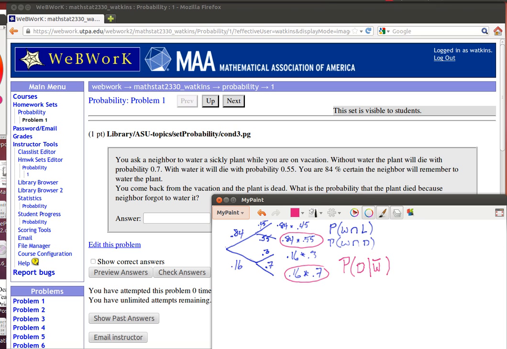Sometimes a bar on top means that it's not that condition. So we're looking for the probability that the plant dies given that it is not watered.